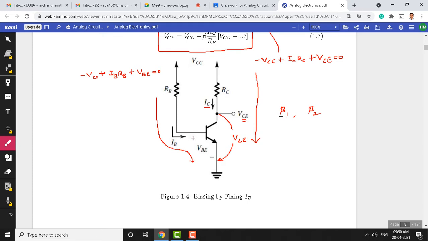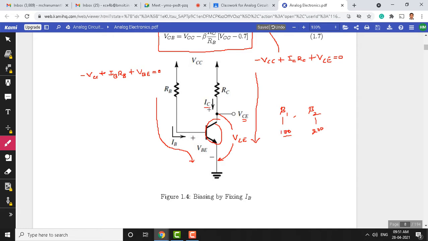That means even though the bias circuit is the same, just by replacing this BJT with another transistor, the collector current keeps changing. One transistor may have a beta of 100, another a beta of 200. That is a big difference, and this change in beta from one transistor to another changes the collector current to a larger extent.